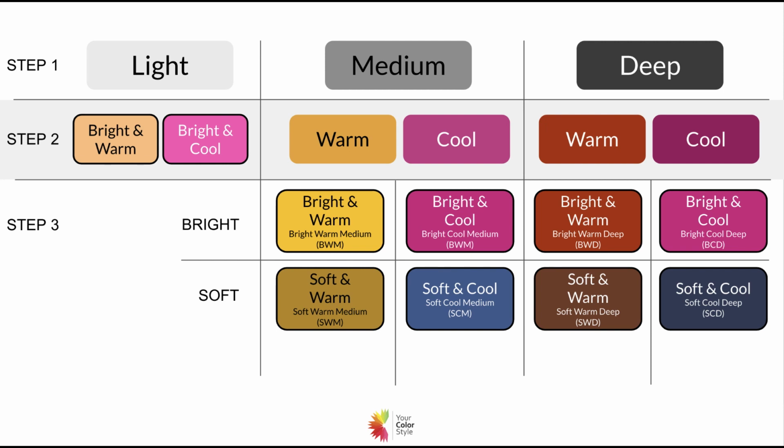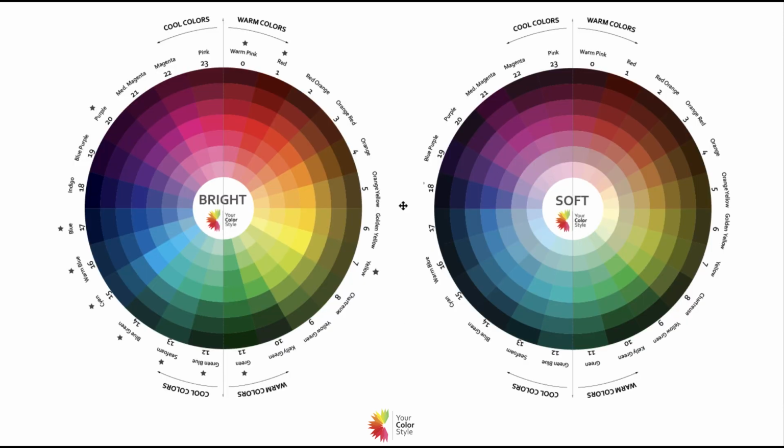What I found was that if you got stuck at this very first step and could not figure out if you were bright or soft, then the rest of the steps don't matter. So I flipped things on its head, and I'm really liking this process.